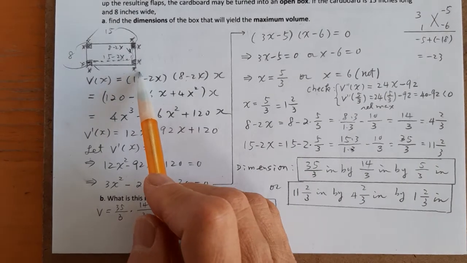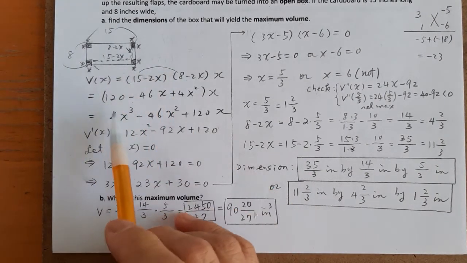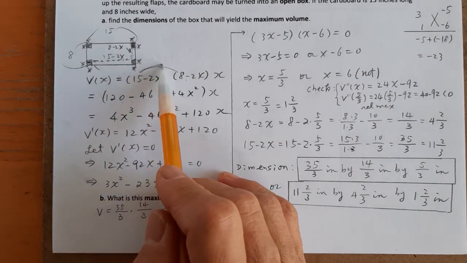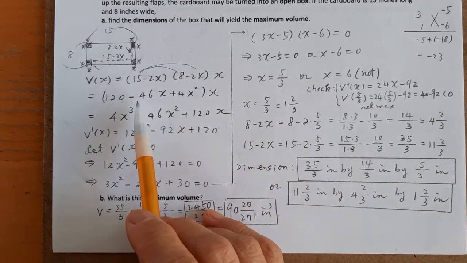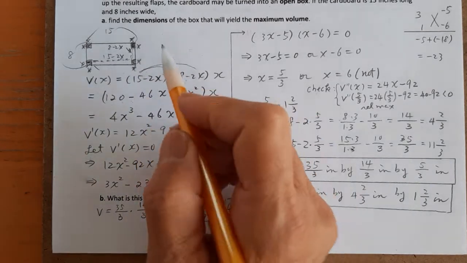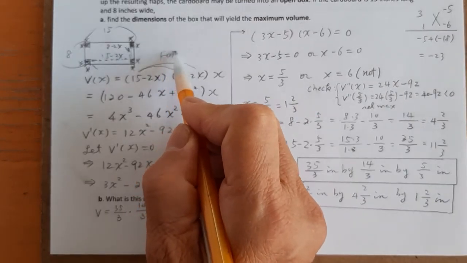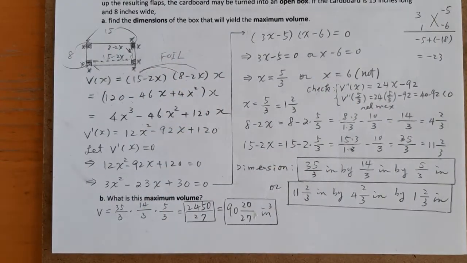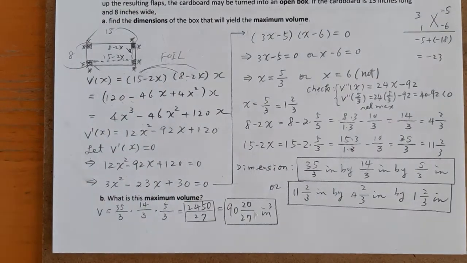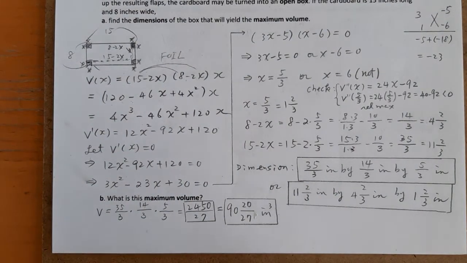You do 15 times 8, 120, minus outer term product, inner, by the FOIL method. F is the first term product, O means outer term product, I means inner term product, L means last term product.